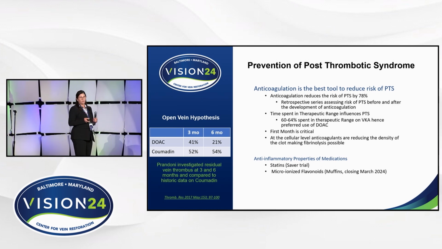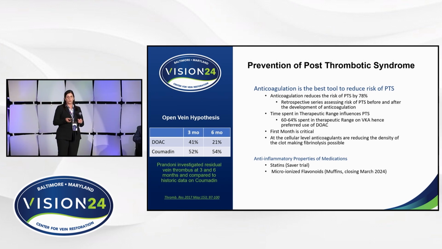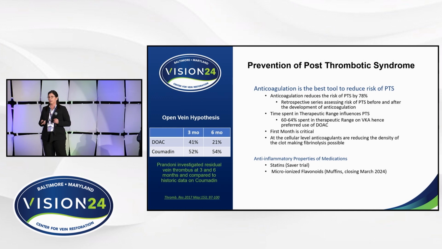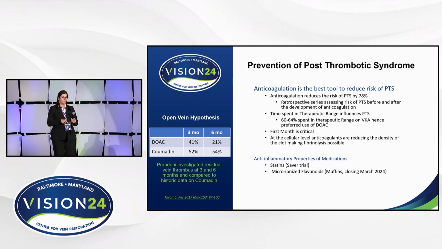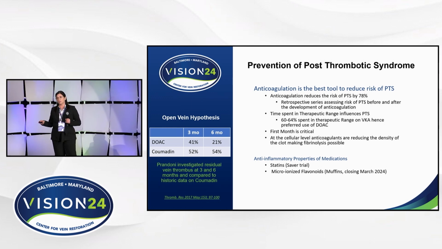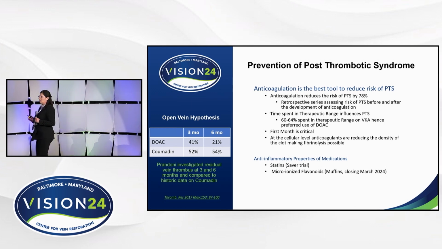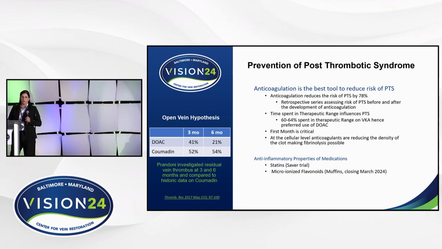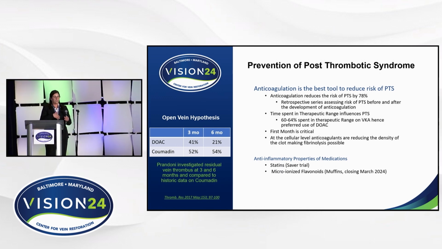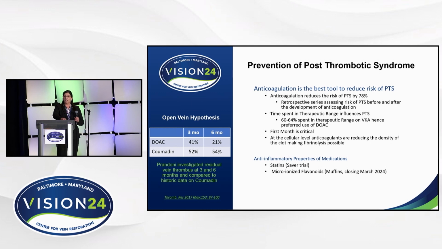But at 3 months, there was 41% residual vein thrombus versus 6 months, it was 21%. If he compared that to historical data on Coumadin, the extension of that anticoagulation didn't really reduce the residual thrombus there. So it's something to just keep in mind. We don't really know, with the DOACs, if this would extend out a year, would we see even further resolution of that clot? So I think that's something that's still kind of on the table.